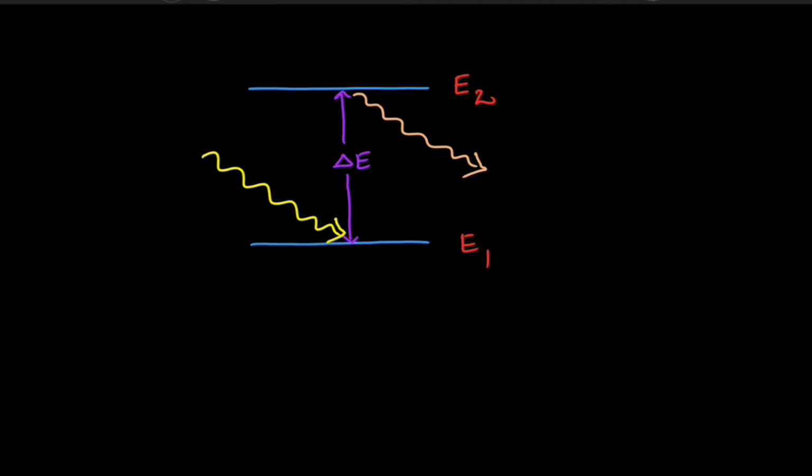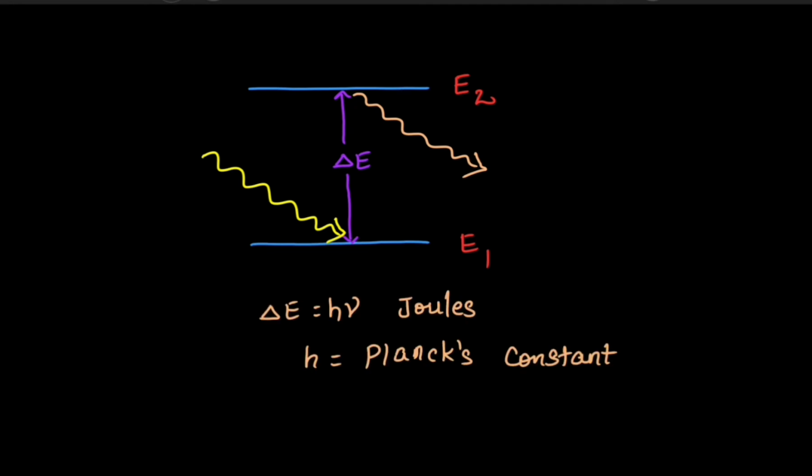All this will happen with some relationship. It is not that it can give any amount of energy or it can take any amount of energy, but this energy is quantized. And how is this energy difference between the two energy levels related? It is given by a classical equation. Here is the equation.